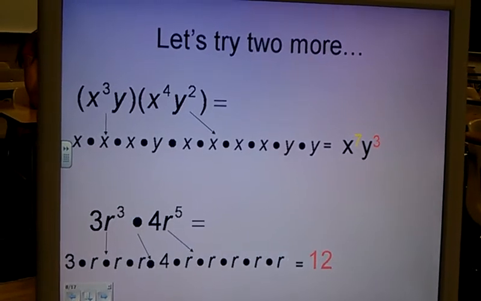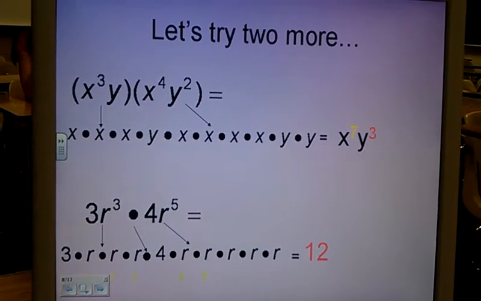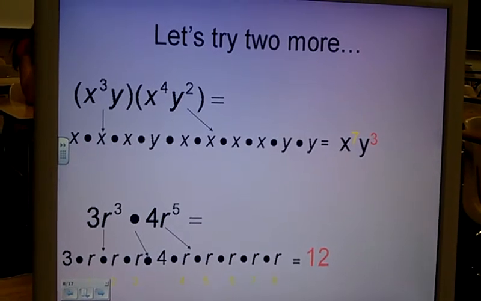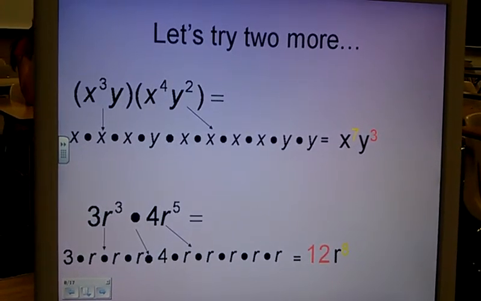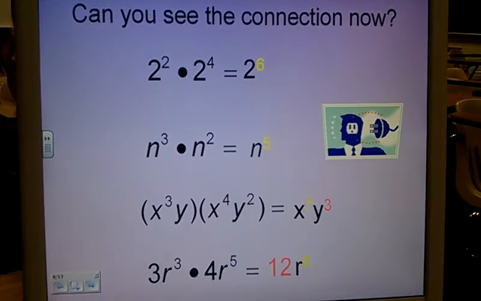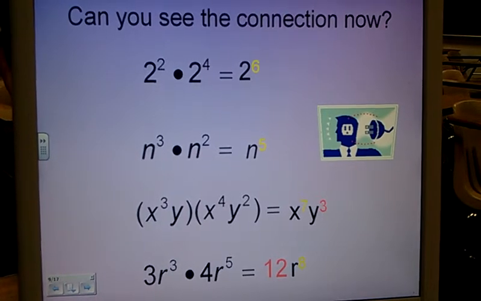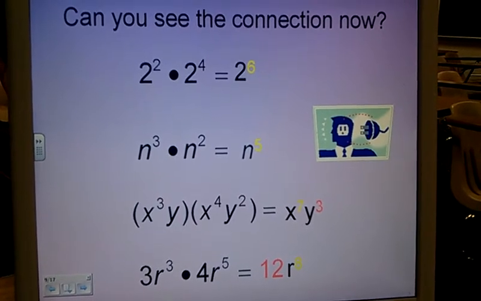Then you add up the amount of r's you have, or you add the exponents, which gives you r to the 8th power. Can you see the connection? As we go through, if the bases are the same and you are multiplying, you add the exponents.